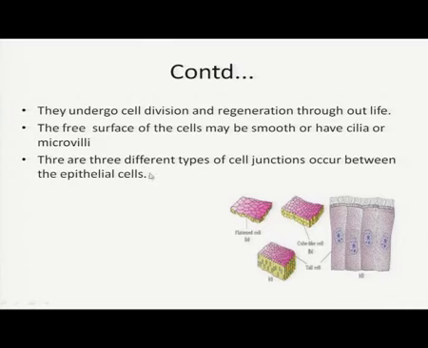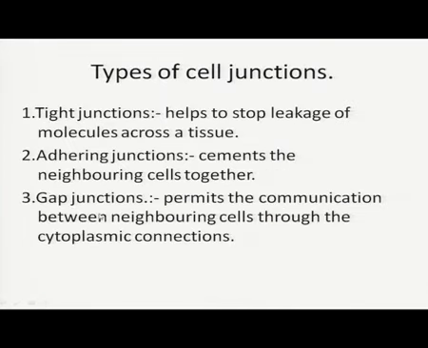There are 3 different types of cell junctions that occur between the epithelial cells. The first one is tight junctions. The second one is known as adhering junctions. The third one is known as gap junctions.